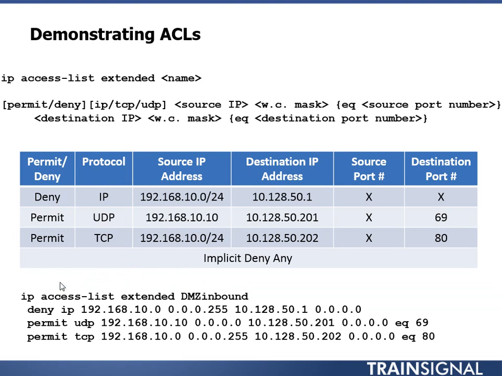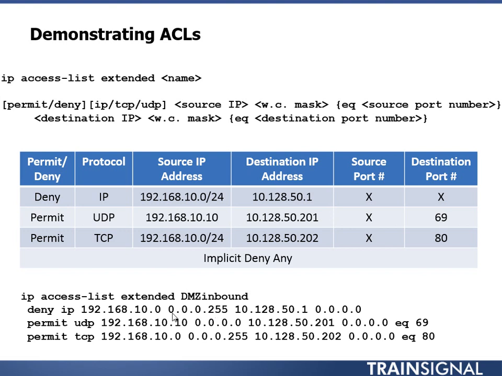Here I've taken my first rule, and after I've set up my extended access list name, it brings me to my new prompt, and I say deny. The protocol is IP. My source address is 192.168.10.0. Remember, I have to use the wildcard mask, which is just the inverse of my subnet mask.